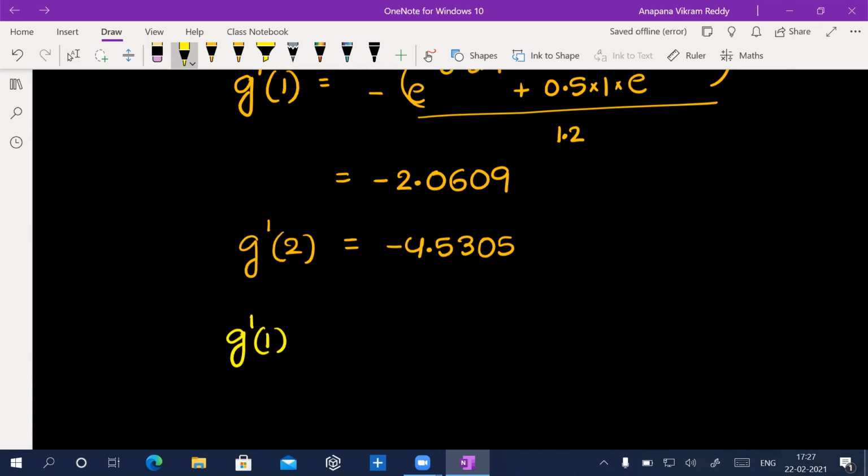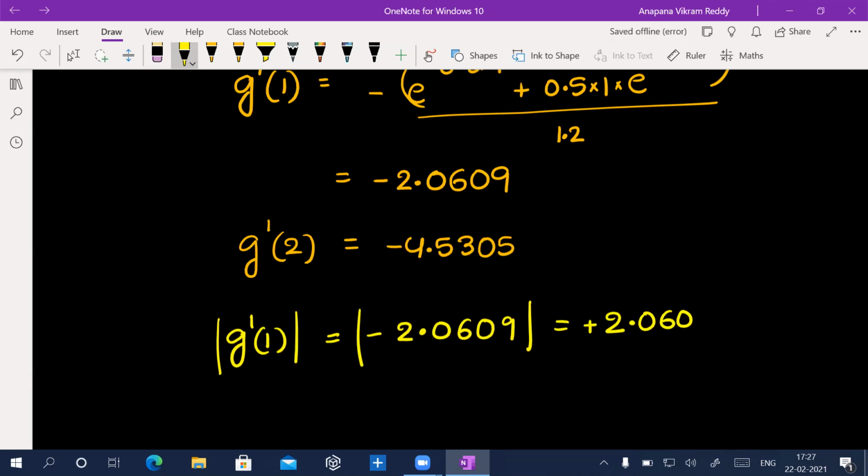A mundane candidate like me may omit this absoluteness. If I take the absolute value, then minus 2.0609, and this is unfortunate, I'll get a positive 2.0609. This is greater than 1, gone.